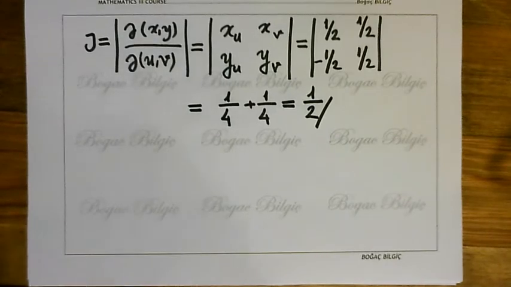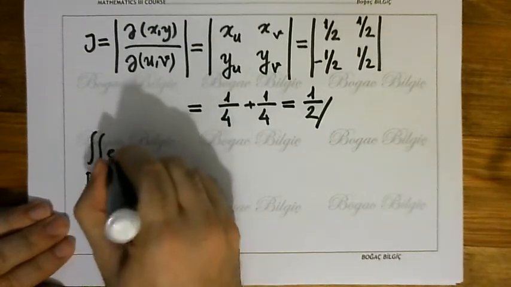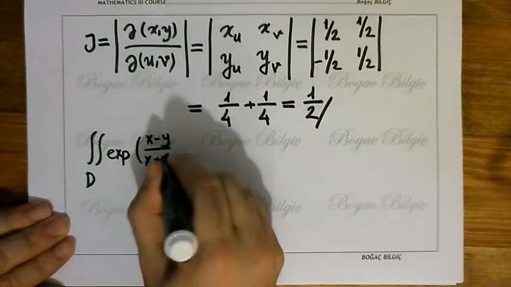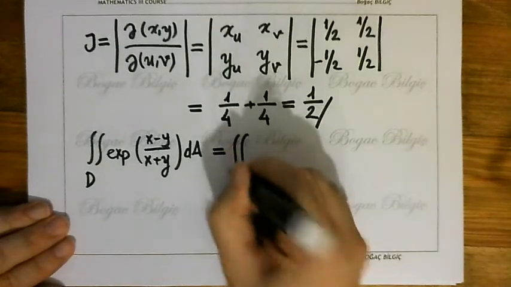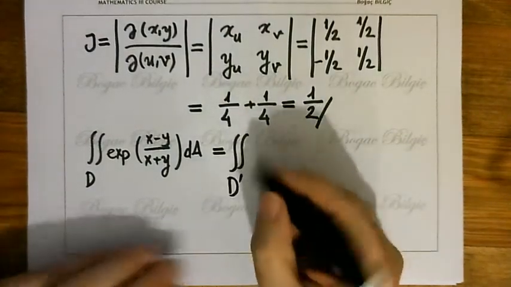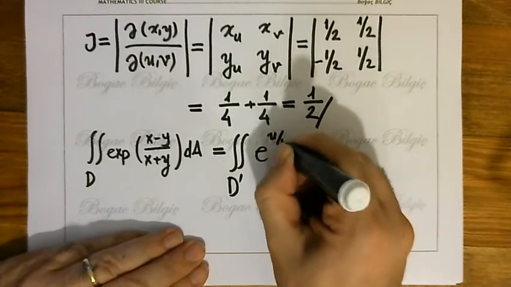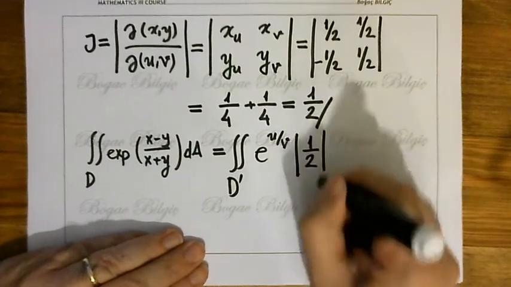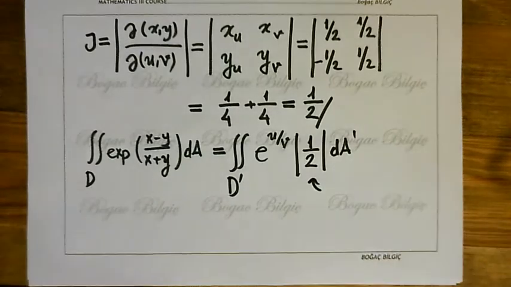So by theorem 24 we obtain the double integral over D of e to the power of (x minus y) divided by (x plus y) dA is equal to the double integral over D-star of e to the power of u divided by v times the Jacobian dA.